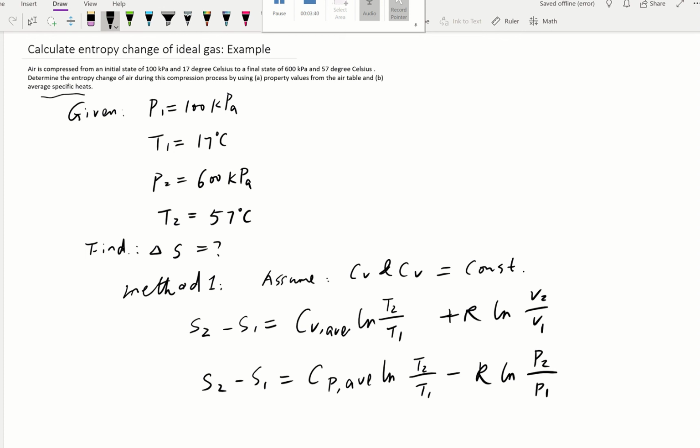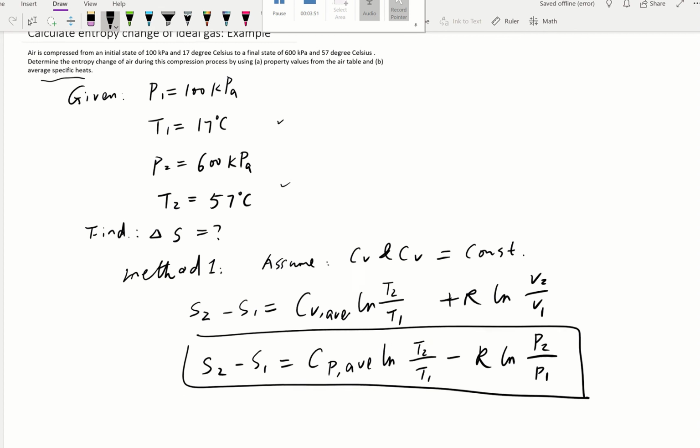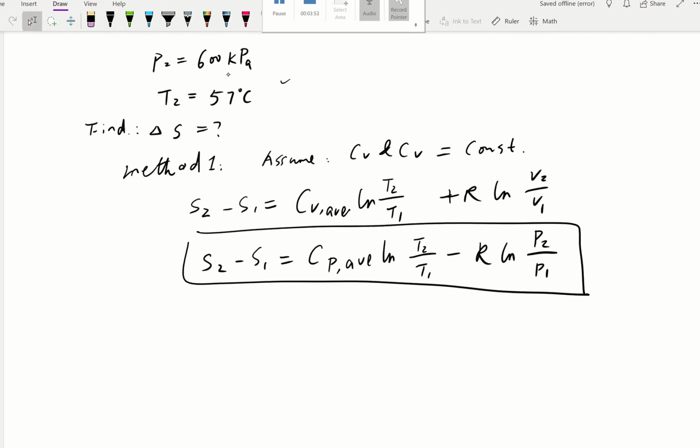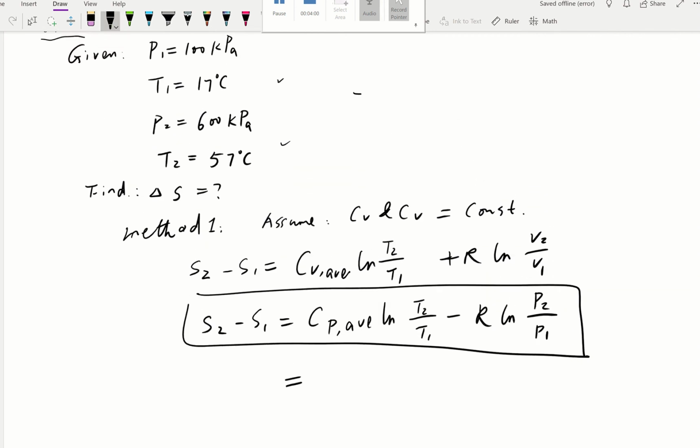But let's look at this one. Which one will be better? Because we know T1 and T2 and P1 and P2, obviously this is a winner, right? So we go with that one. S2 minus S1 is going to be CP average. So what would be the average temperature?